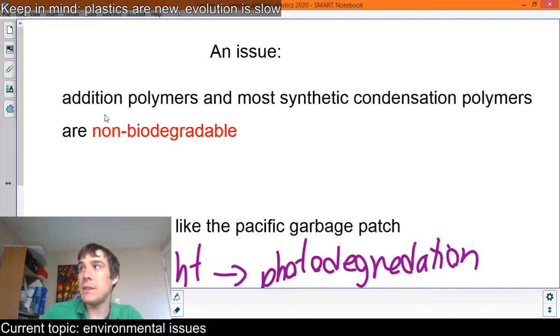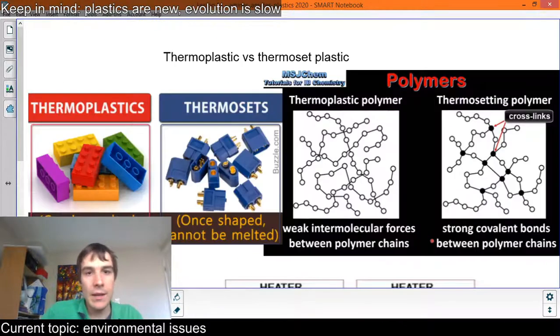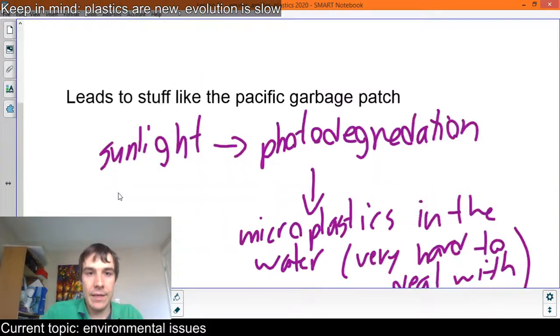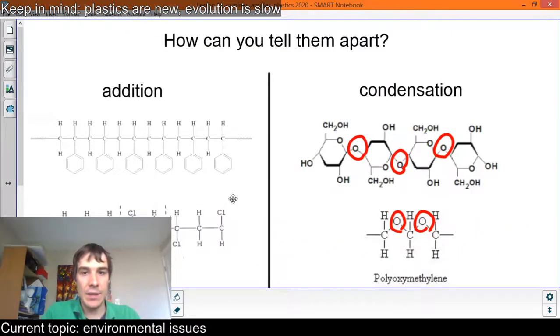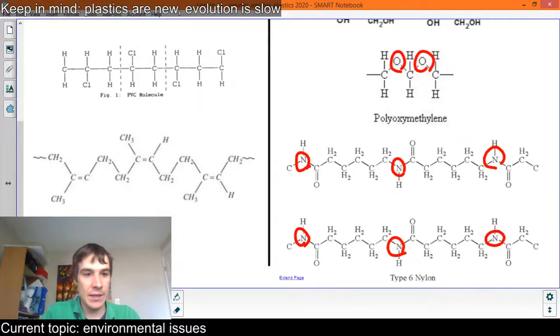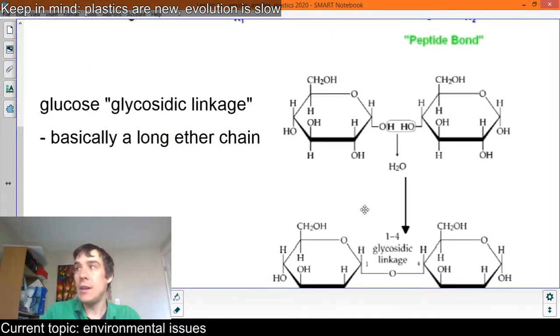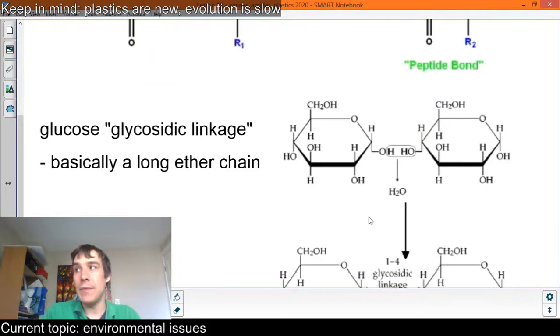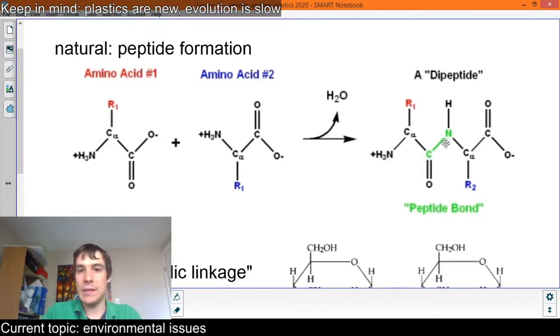Especially bad for addition polymers, because those long carbon-carbon links, nothing's really worked out how to deal with those yet. Easier for condensation polymers, because with condensation polymers like the glucose chains, things know how to eat those now. And proteins, things know how to eat proteins.